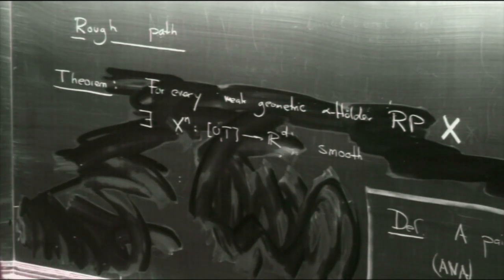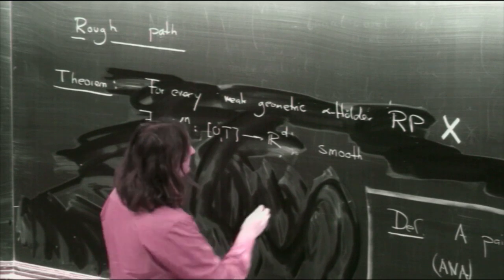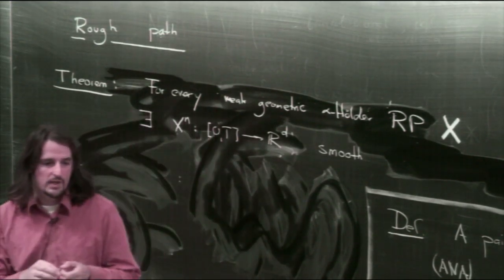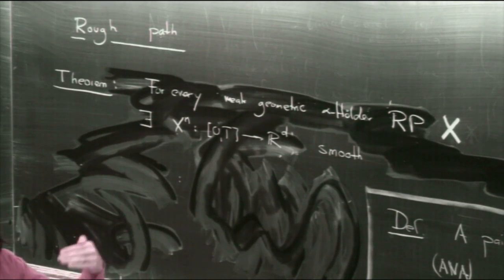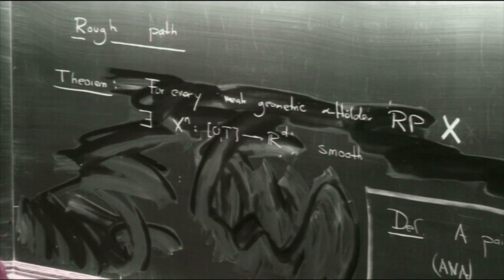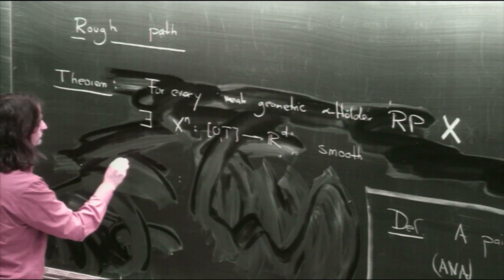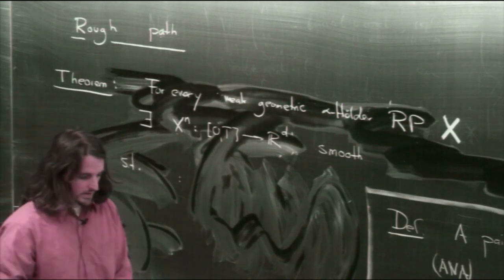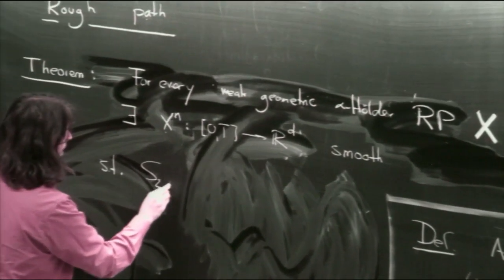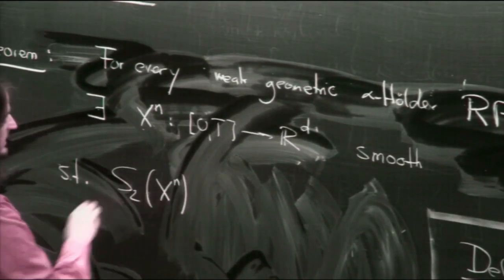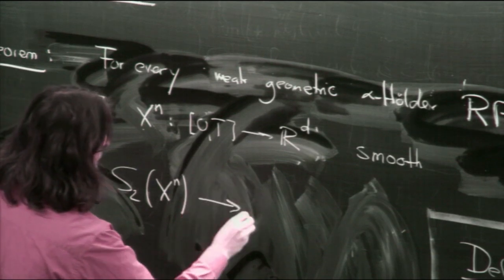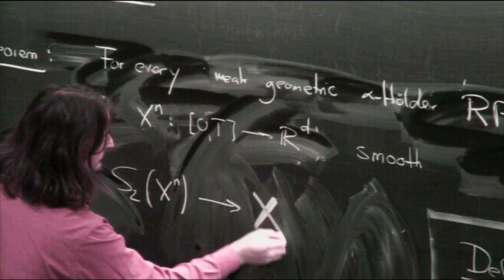I mean, the construction will naturally give them to you as piecewise smooth, but then there are silly tricks like whenever you concatenate two smooth segments, you just slow down before you see the kink and then you start again, so you can make them smooth in a very silly, obvious way, such that S2 of x^n converges to X. Right.